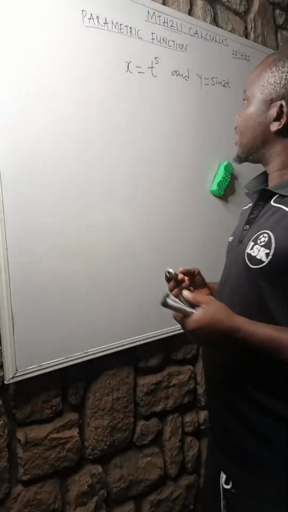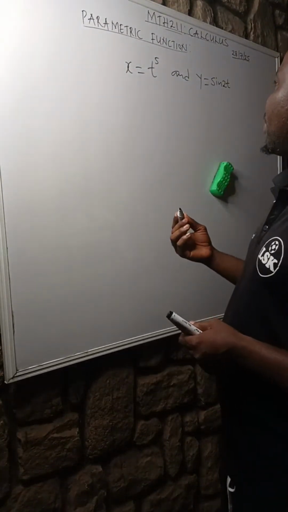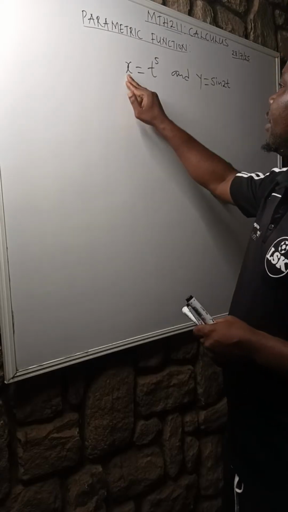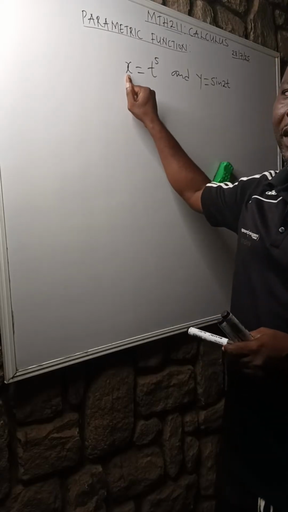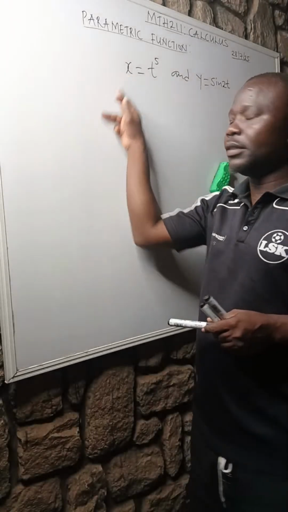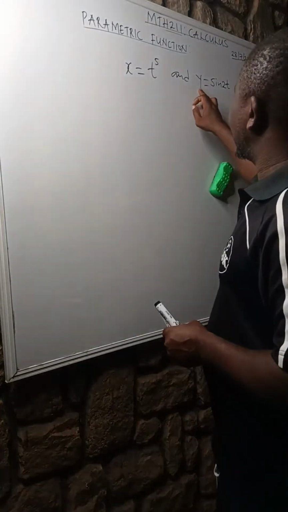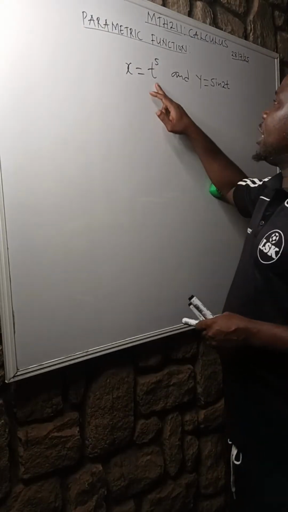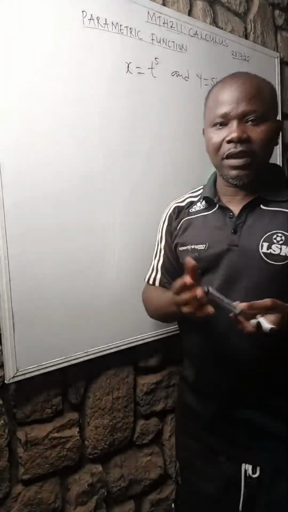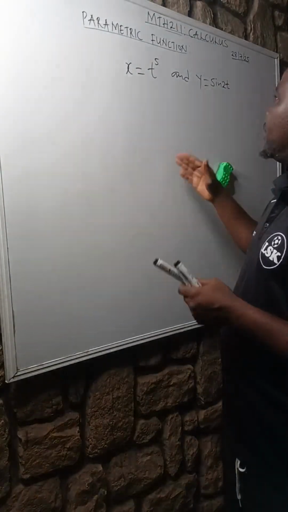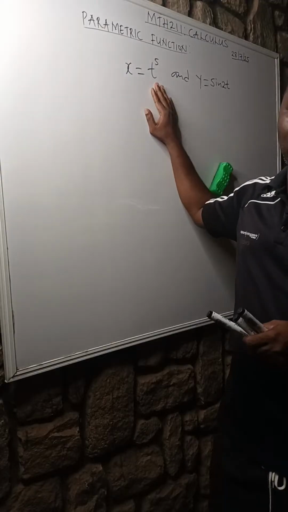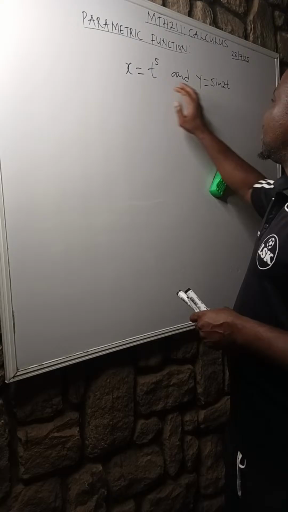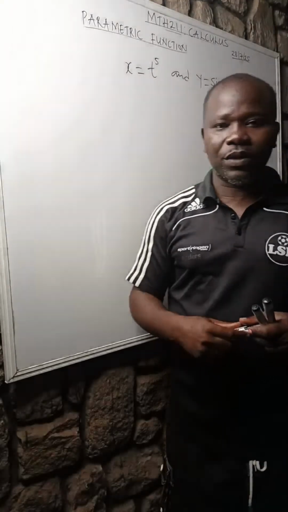We call these parametric functions. You can see that we have a dependent variable x, and another dependent variable y. But the independent variable in each of the equations is the same, true or false? So we refer to these as parametric functions.